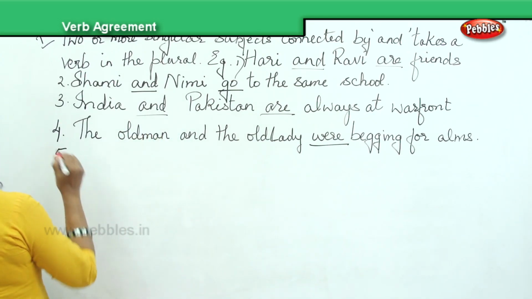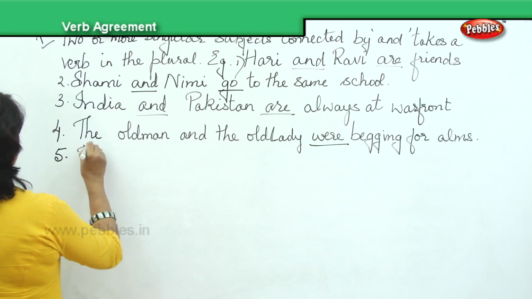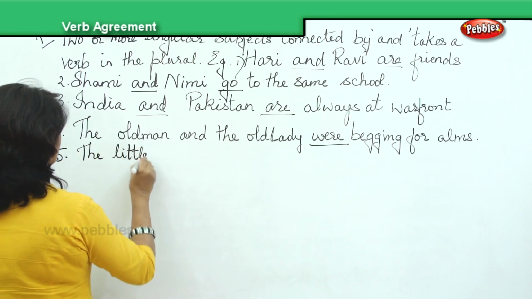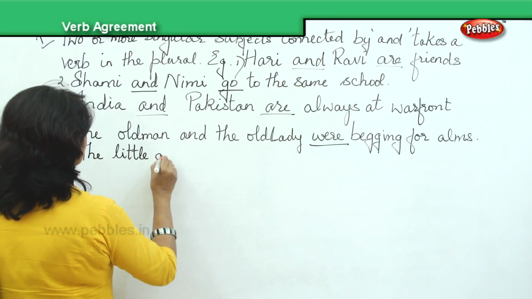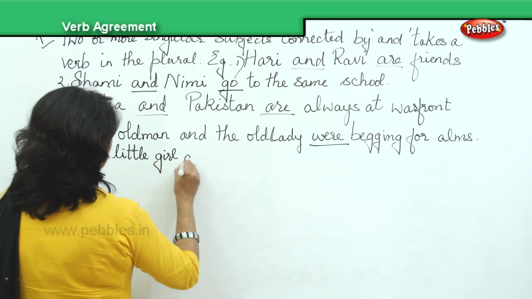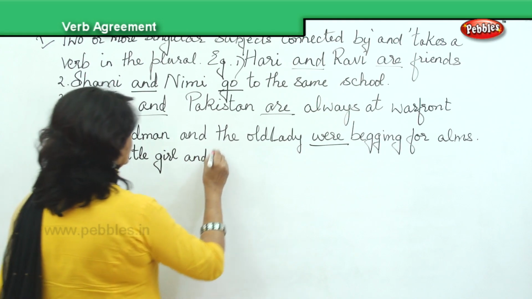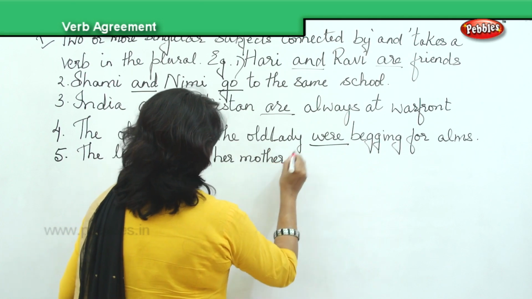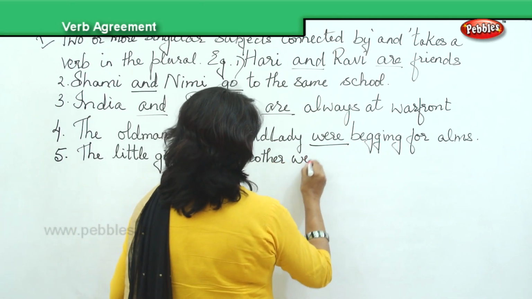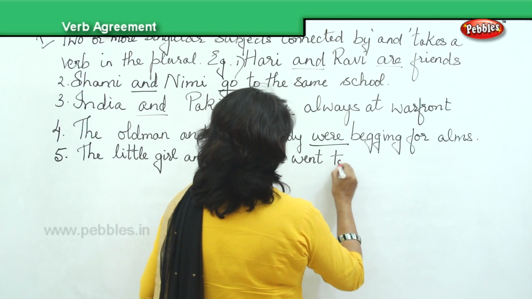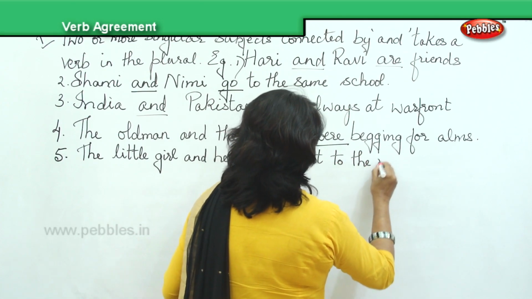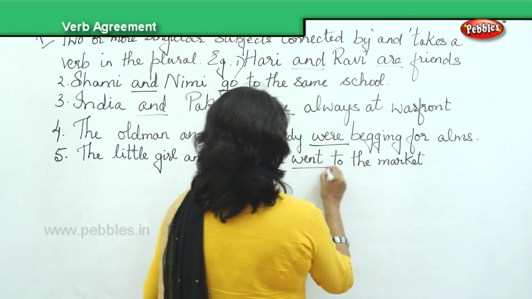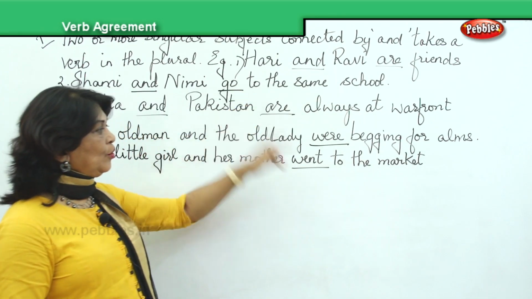Fifth one. The little girl and her mother went to the market. What is the past tense of go?